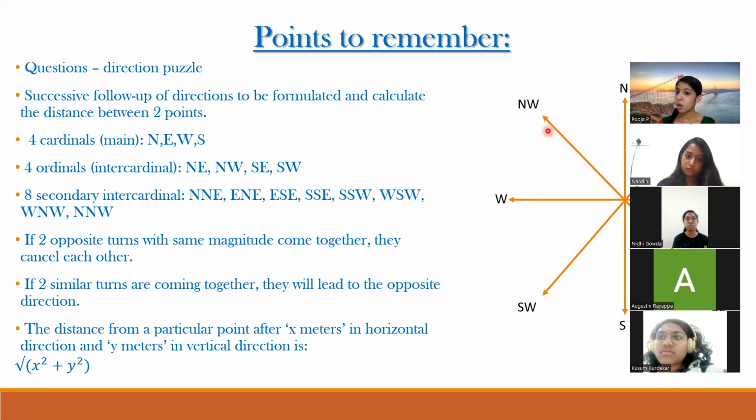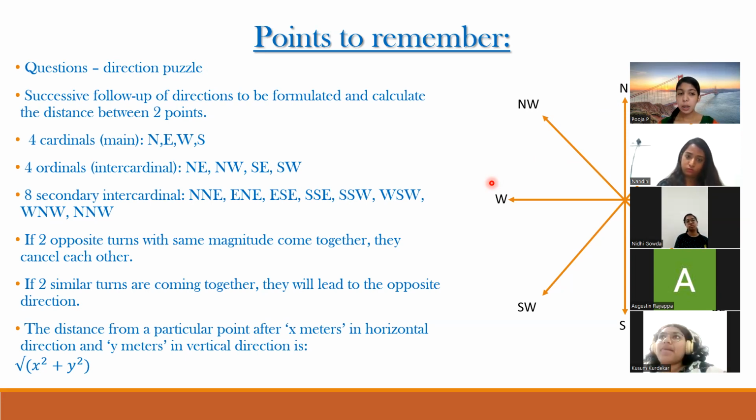Similarly, what comes between northwest and west will be west northwest, that is something that lies to the west of northwest. Similarly north northeast, east northeast, and so on. We can have 8 such secondary intercardinals, and you wouldn't need these as such, but I have provided them here for your information.